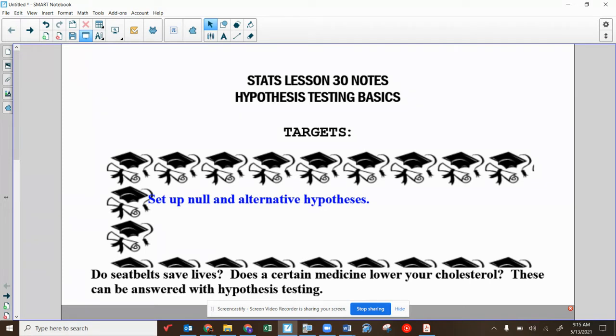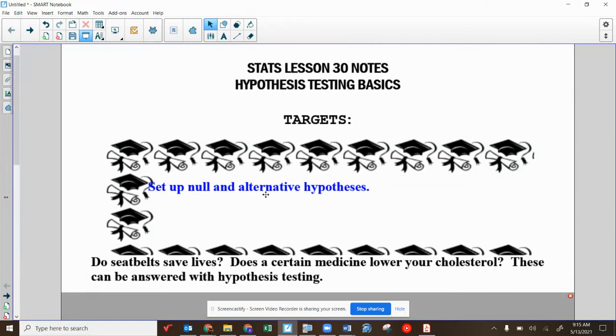Essentially, you have two different things here. The null hypothesis is going to be that this is equal to just this. And then the alternative hypothesis is that it's not this, it's something else. So we're testing whether it is or is not whatever the statement happens to be.